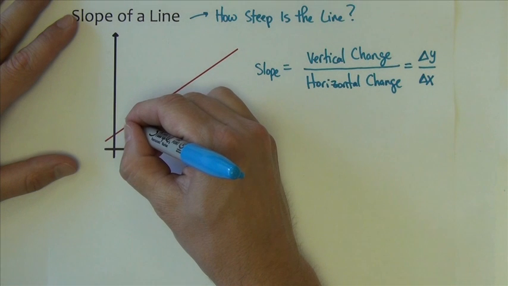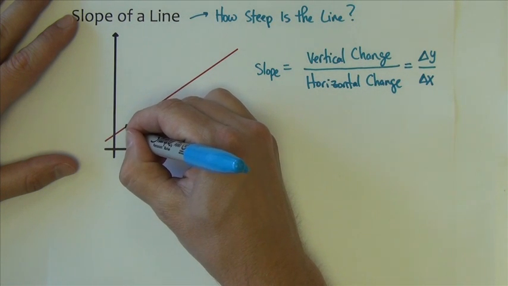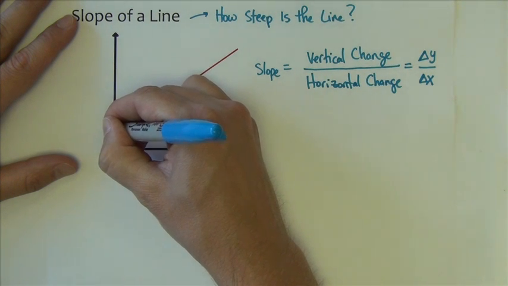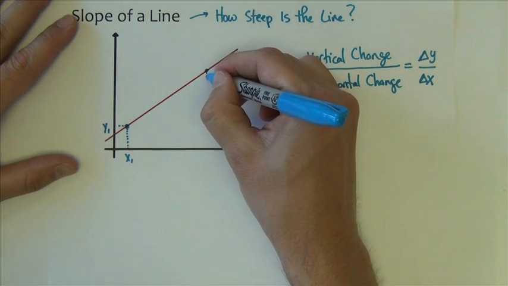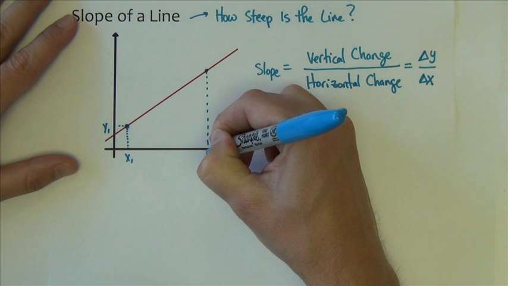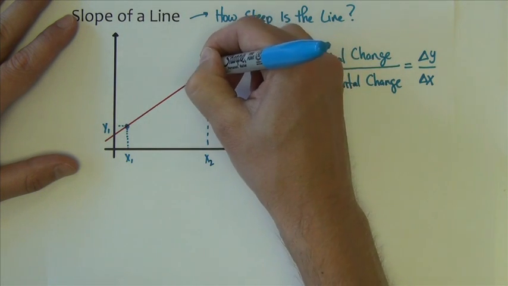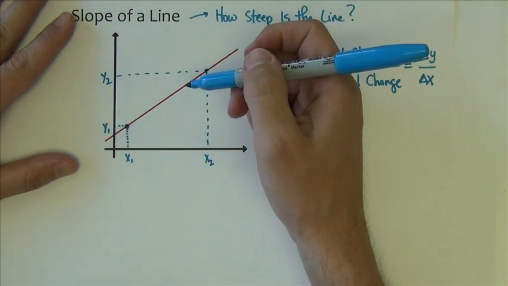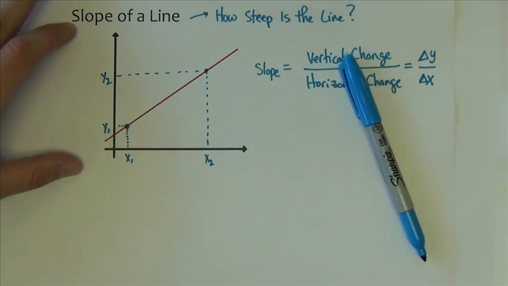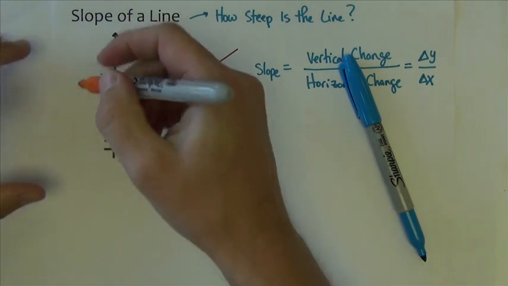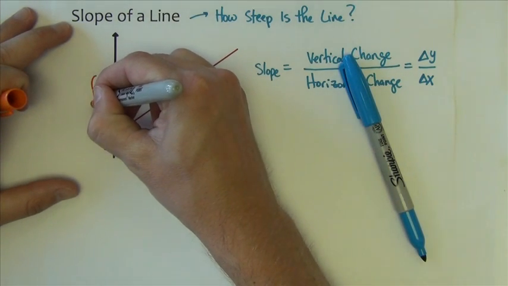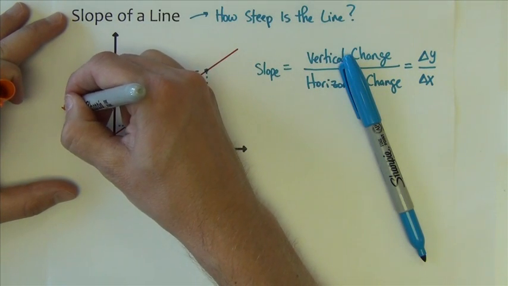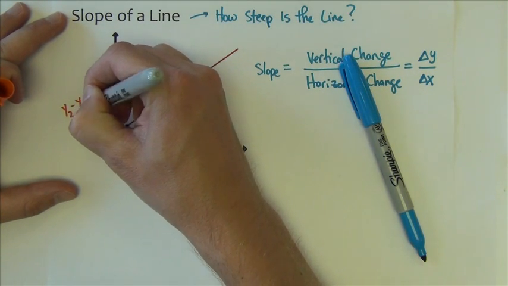If we had a line and 2 points on the line, so this point is x1, y1, and say this point is x2, y2. How do we find that vertical and horizontal change? Well, the change between y1 and y2 would be their difference, y2 minus y1.